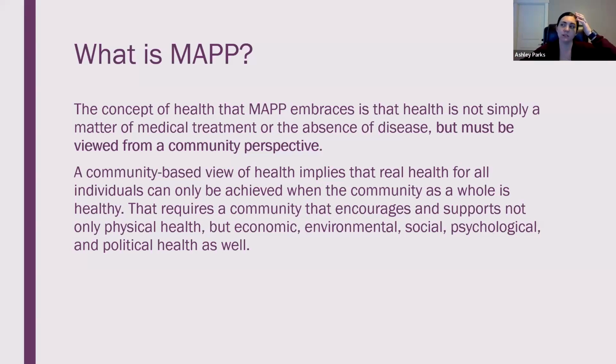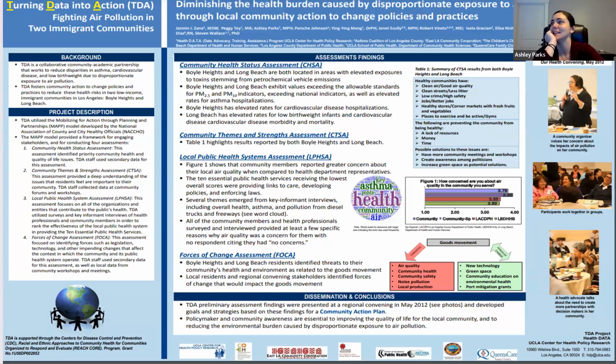This is a poster from, I think, 2010, 2011 APHA, years ago, that some colleagues and myself shared at APHA. Basically our goal was to share the results of all 4 of our assessments for that air quality project.